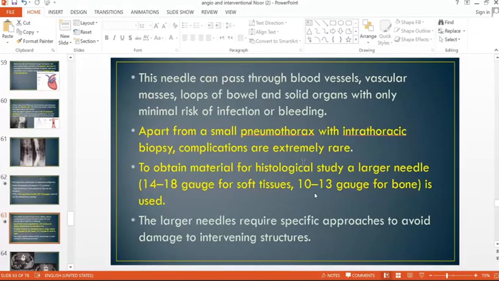The FNA needle, as we said, the small bore needle, can pass through blood vessels, vascular masses, loops of bowel, and solid organs with only minimal risk of infection or bleeding. Apart from small pneumothoraces with intrathoracic biopsy, the complications are extremely rare.